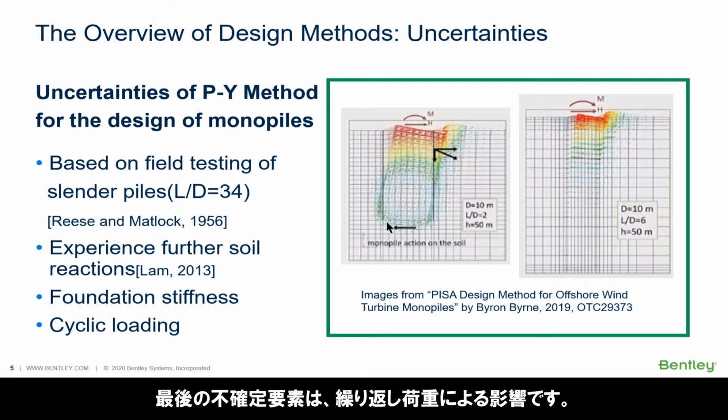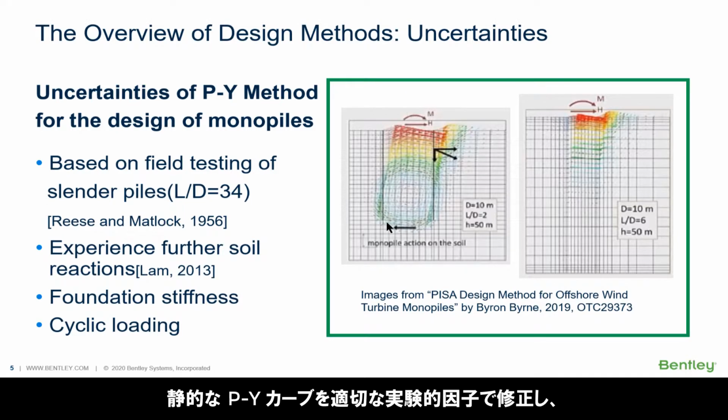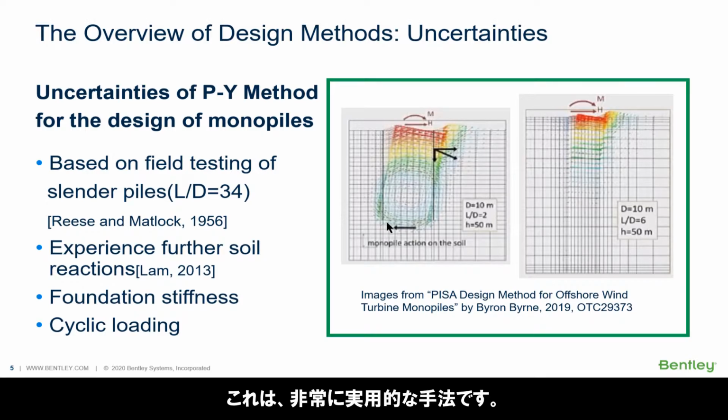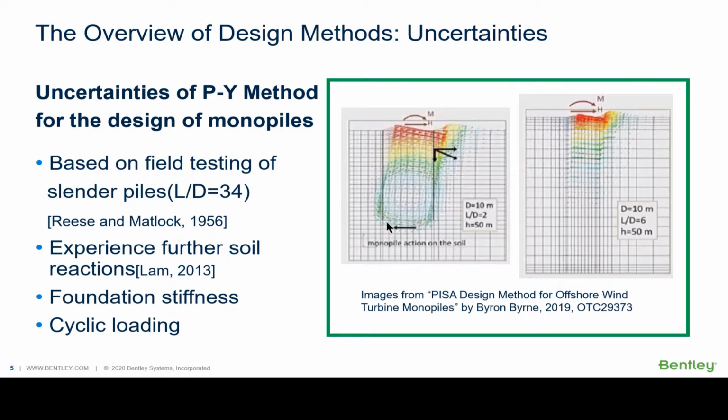The last uncertainty is the effect of cyclic loading. In the PY method, this is considered by modifying the static PY curve with appropriate empirical factors to reduce the stiffness and strength of the soil. This is a very pragmatic way, but gradual changes of the foundation stiffness are not considered in this method.